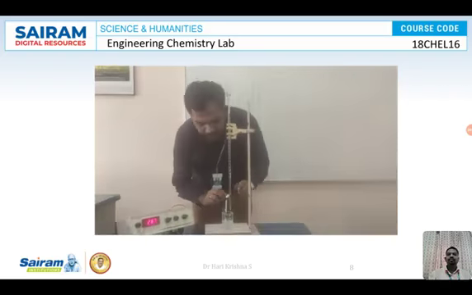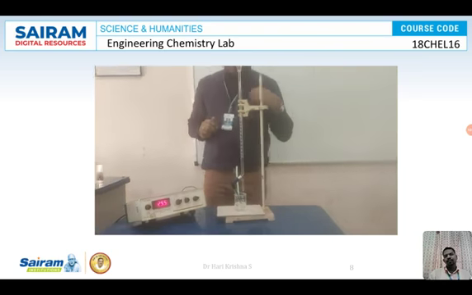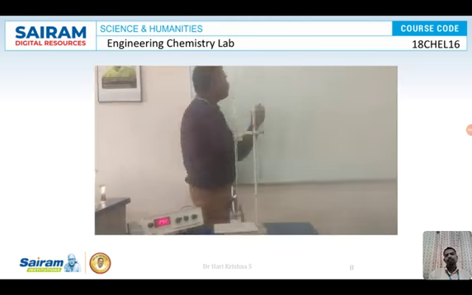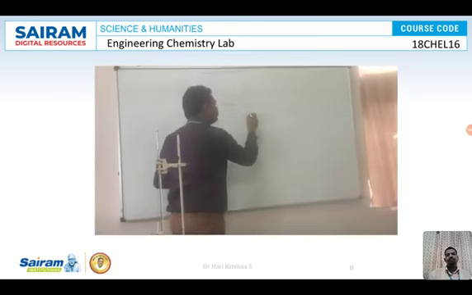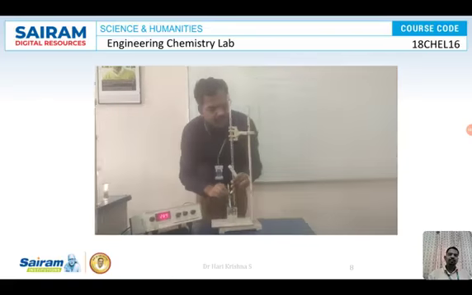To start with, before adding NaOH, the zeroth reading is 29.3 per ohm per centimeter. Now we add 0.5 ml of NaOH.